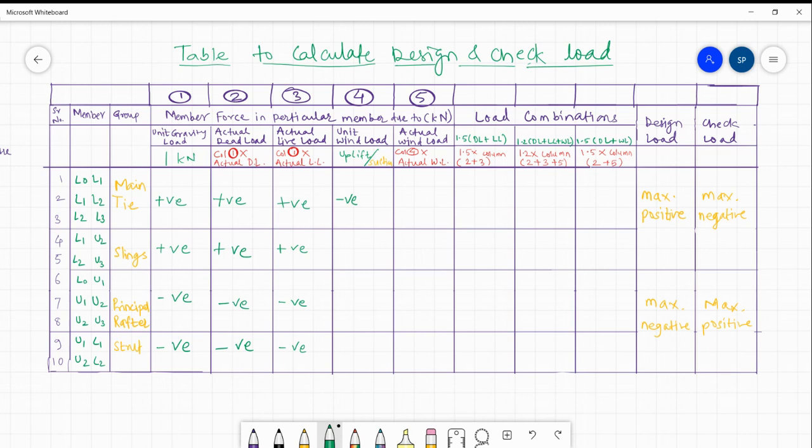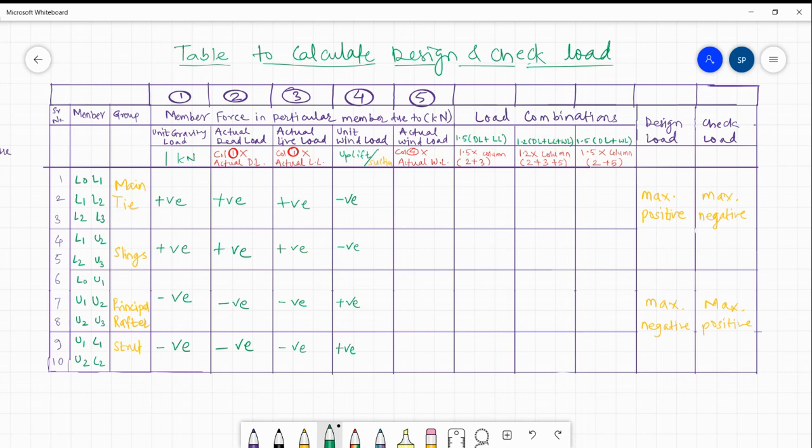When uplift wind load is acting, stress reversal takes place, and members which were earlier in tension will experience compression, and compressive member forces will change to tension.